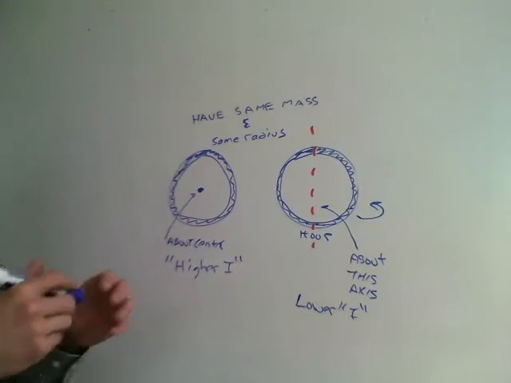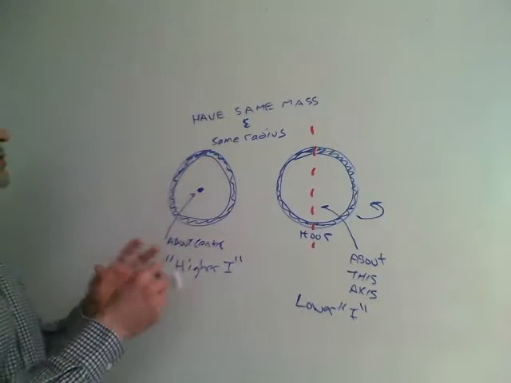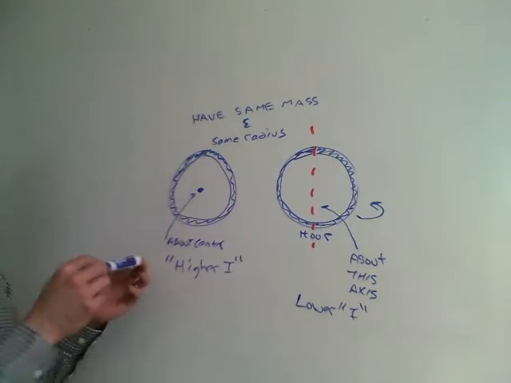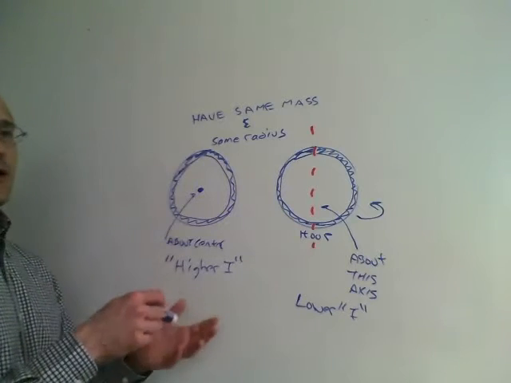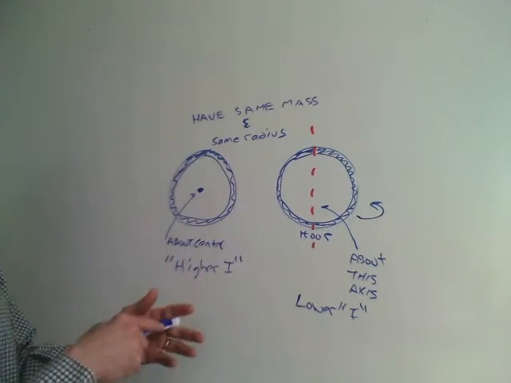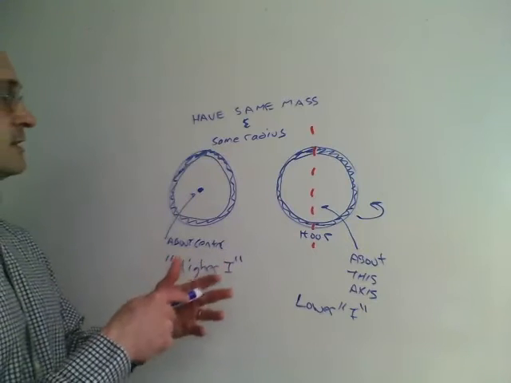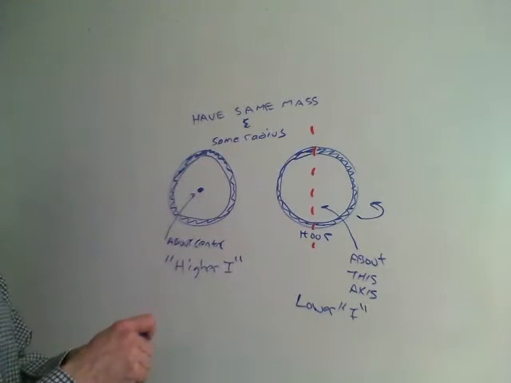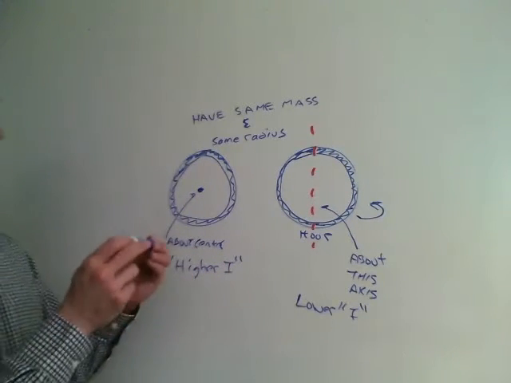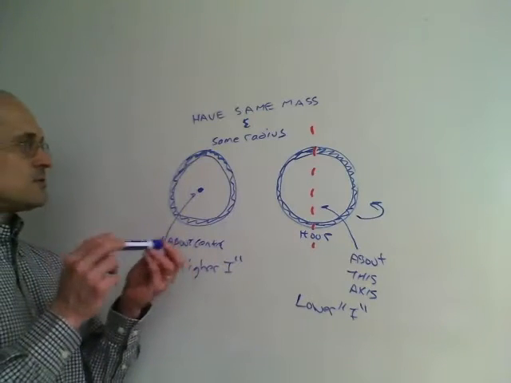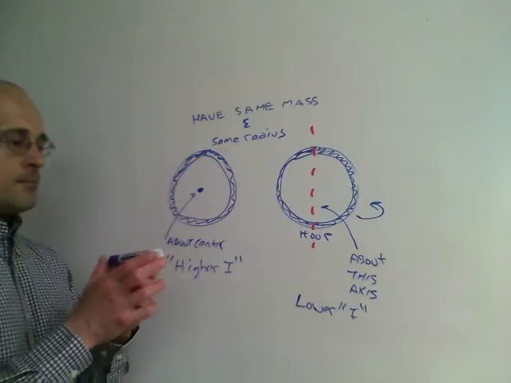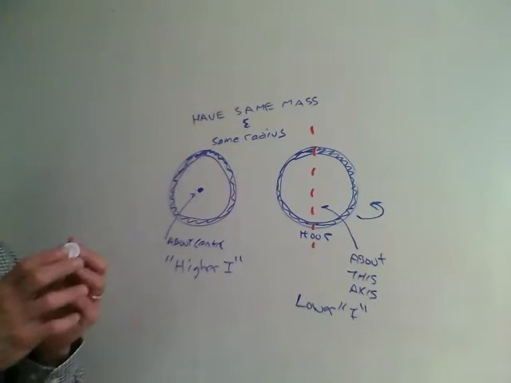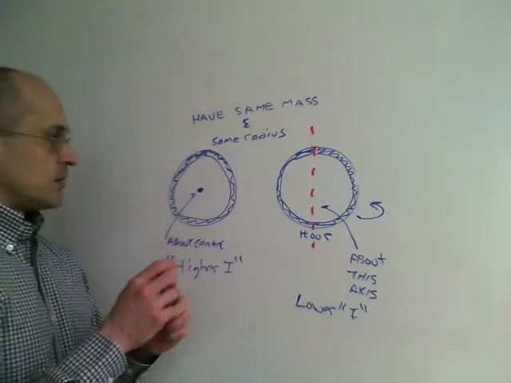Now, for most objects that you will encounter, the moment of inertia can be found in a table somewhere. Your book, like most physics books, has a list of moments of inertia for various objects. But this is the idea. The moment of inertia is the ease or difficulty to get an object rotating, and also the ease or difficulty to stop the object once it's rotating.